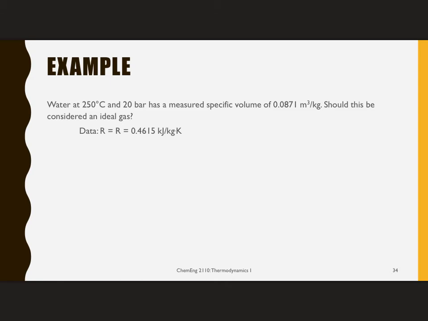Okay, here's another one. 250 degrees C and 20 bar. I can again do the calculation. You should pause the video and do this independently. R is 0.4615. Temperature is 250 plus 273 Kelvin. And the pressure is 20 bar. I multiplied by 100, and that puts the units as kilojoules per cubic meter.